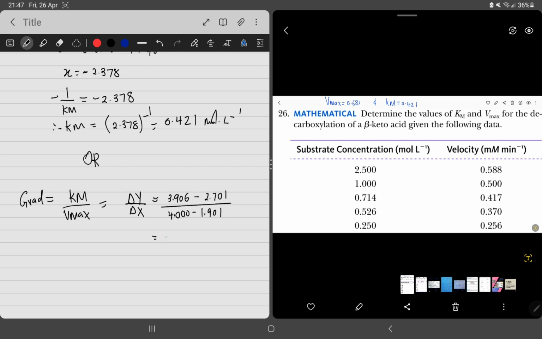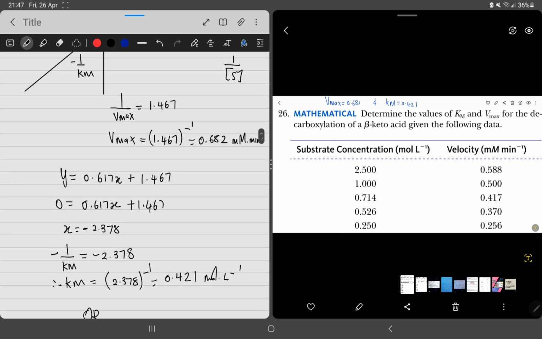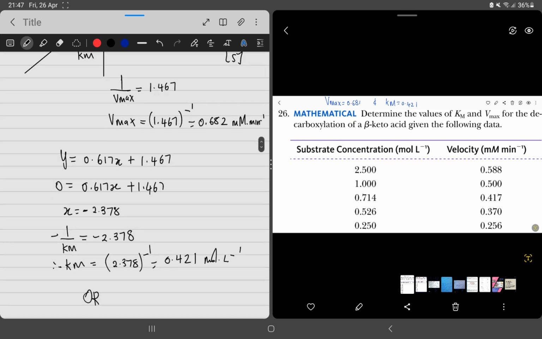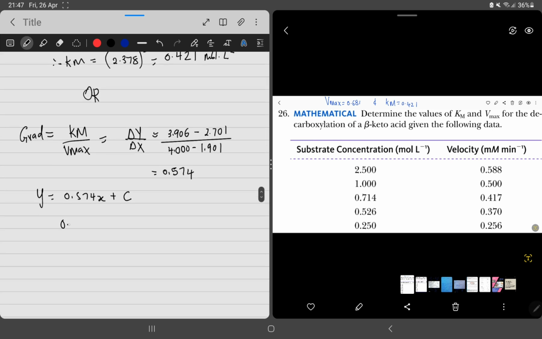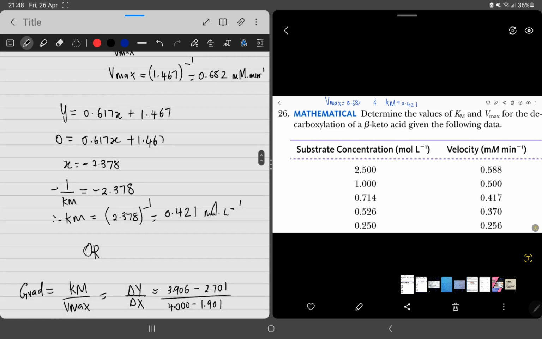And then the gradient is 0.574. And then y is equal to 0.574x plus c, and then you're just going to substitute a point. So I'm going to choose 0.574. This is 0.4 plus c, and then the y value is 1.701.